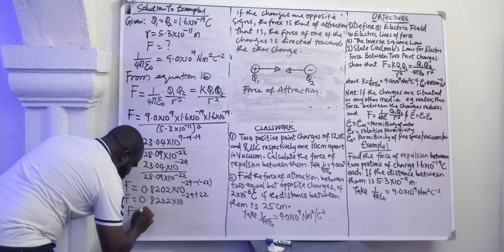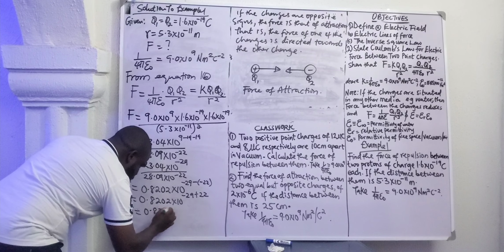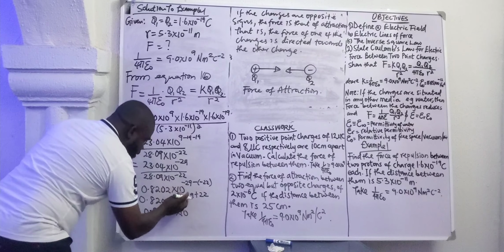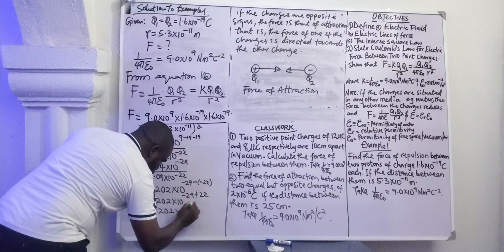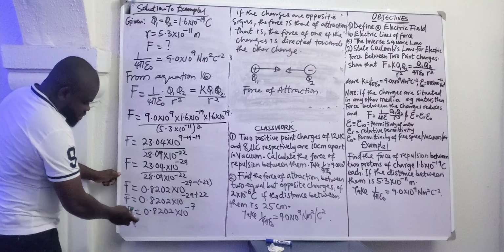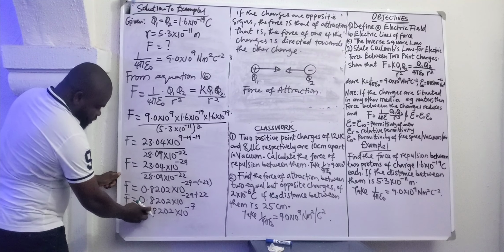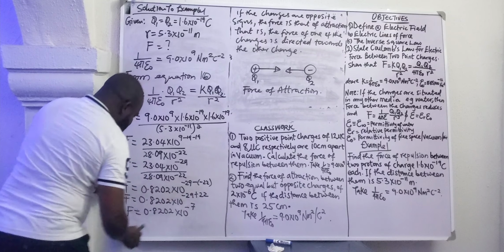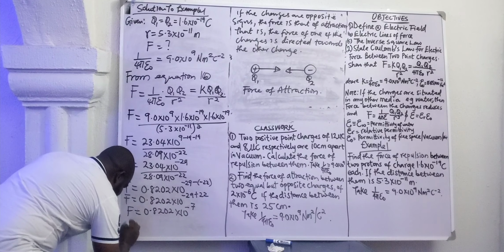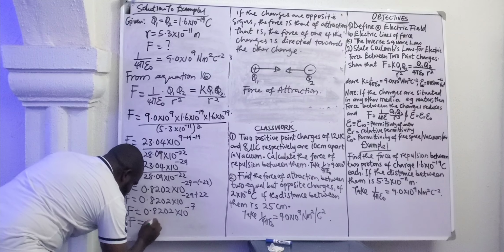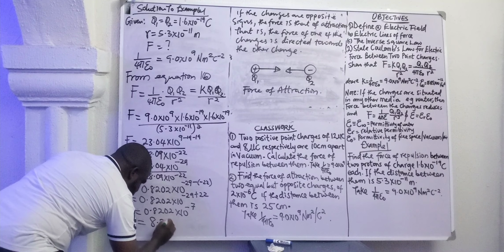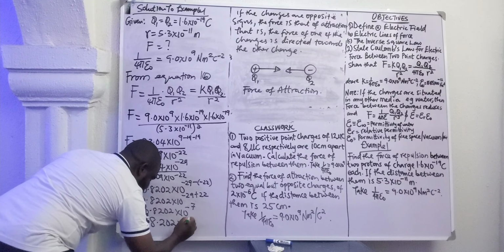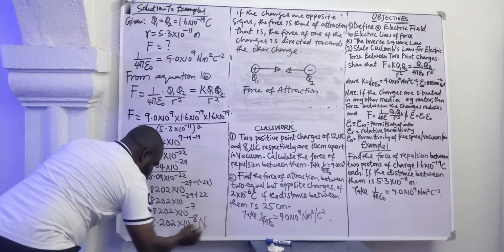F equals 0.8202 times 10 raised to the power of, this will give you minus what? 7? So you put it in standard form, carry this minus sign one place forward. The value will increase to what? It becomes minus 8. So we have force F is equal to 8.202 times 10 raised to the power of minus 8 Newton.